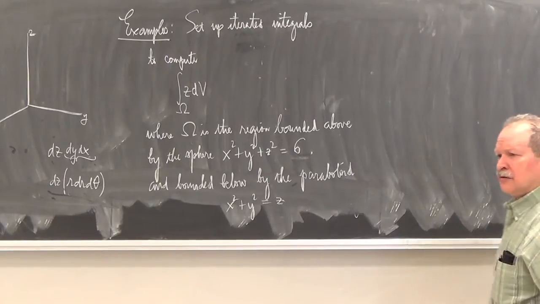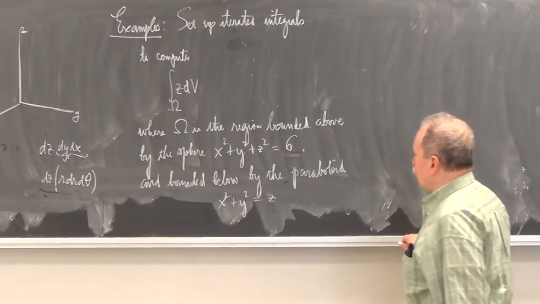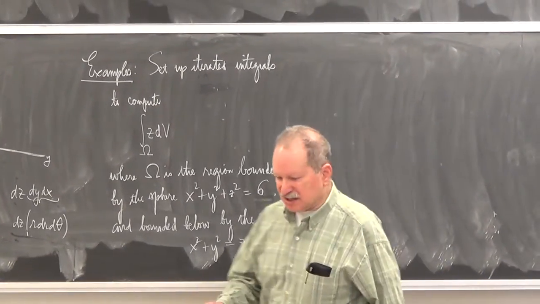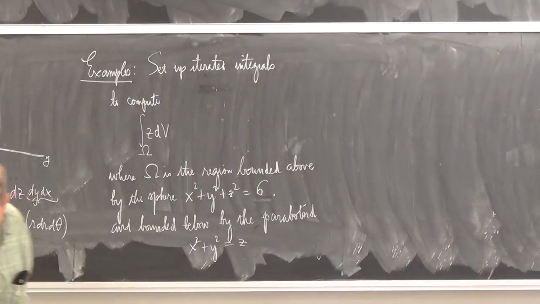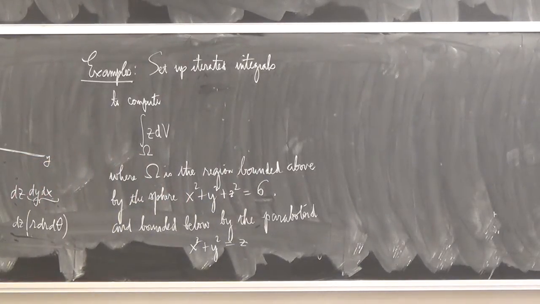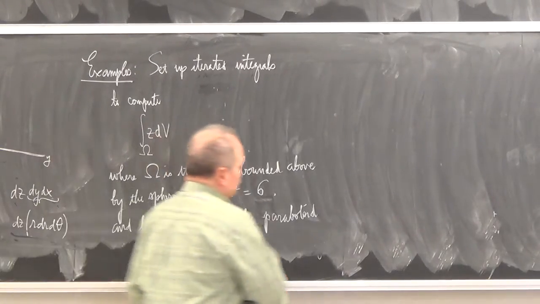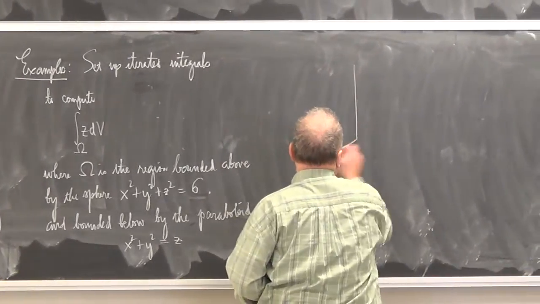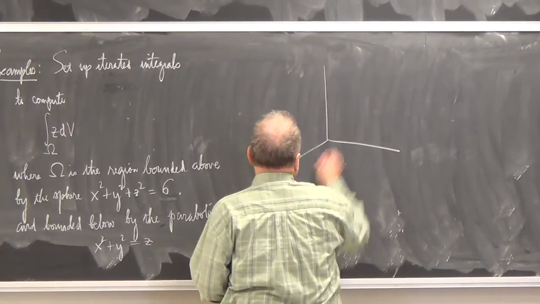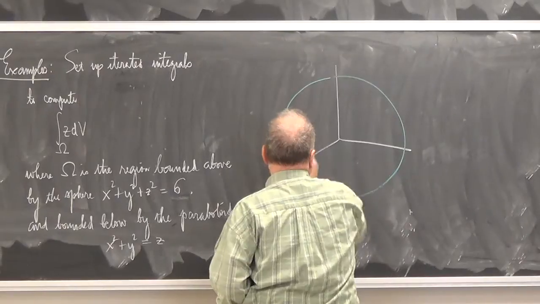I like this. Okay, so draw yourself a sketch of the picture. What does it look like? Well, you know the picture of a parabola. Okay, so I've got a sphere of some radius centered at the origin.